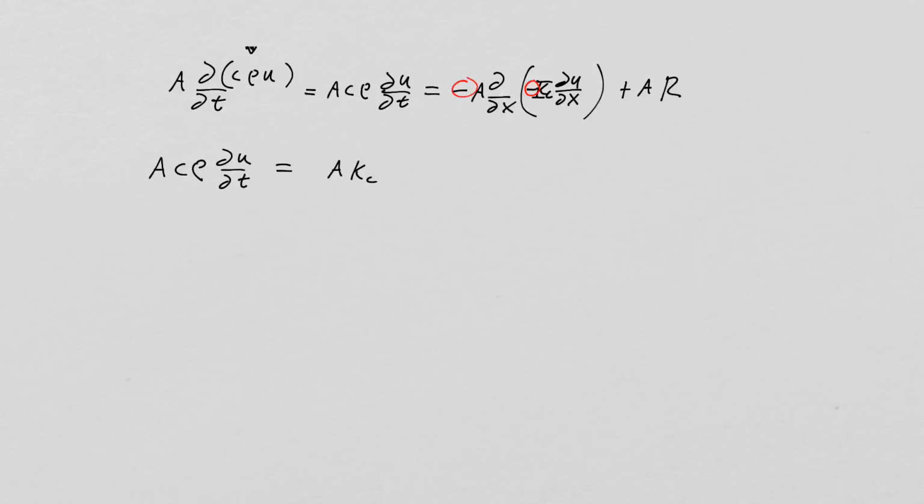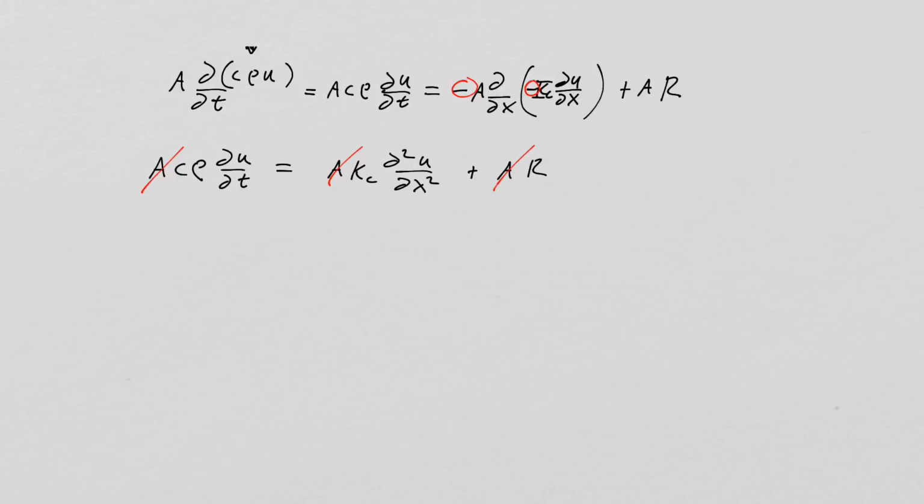So this negative here and that negative there, they cancel each other. And we get A times Kc. And then we get a second spatial derivative of temperature. Okay? Plus A times R. Also note that the constants A cancel.